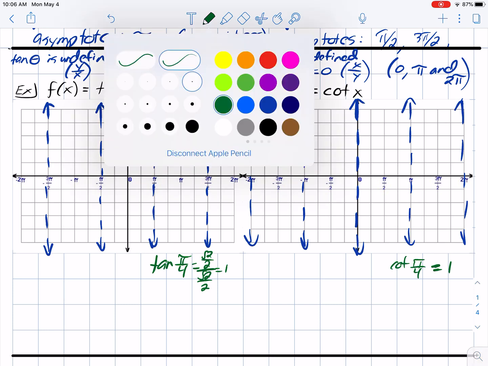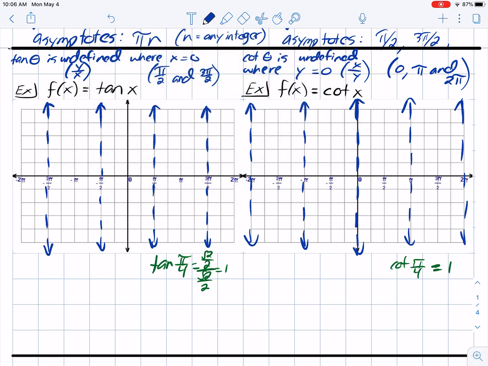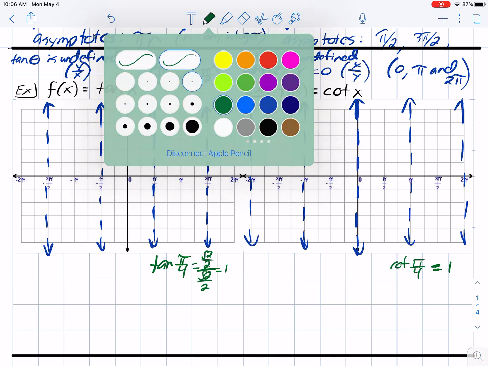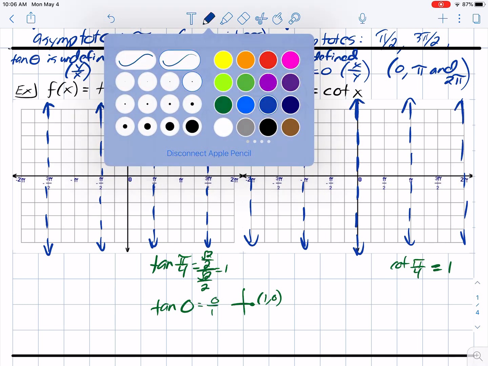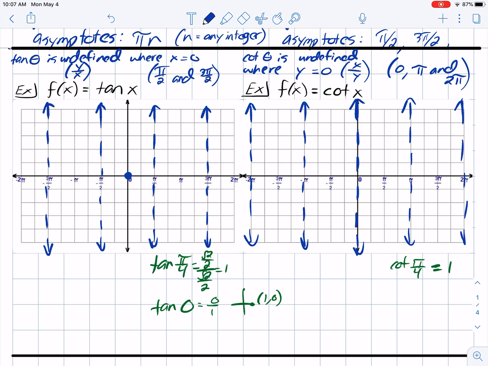So for our graphs, let's list out the tangent of 0 over here as well. Remember, on our unit circle, that's right here where our point is 1, 0. So the y is 0, the x is 1. So the tangent of 0 is just 0. We just talked about the tangent of pi over 4 being 1.